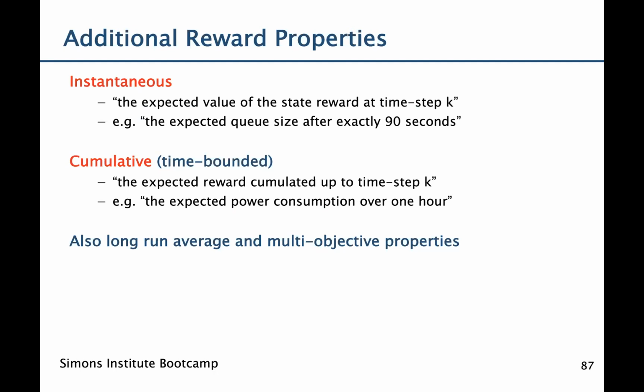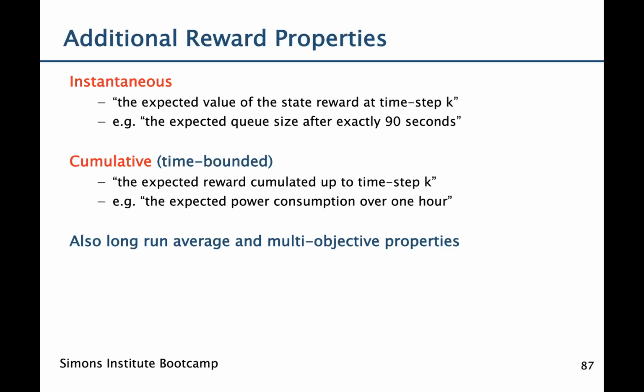So finally, I'll mention there are additional reward properties. For example, we can consider instantaneous reward properties. These can ask, what's the expected value of a state reward at a given time step? So for example, what's the expected queue size after 90 seconds or 90 steps?